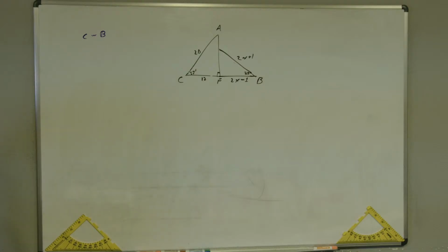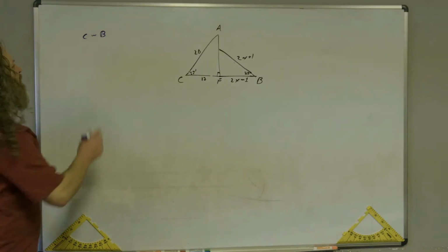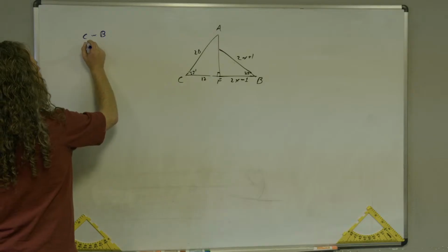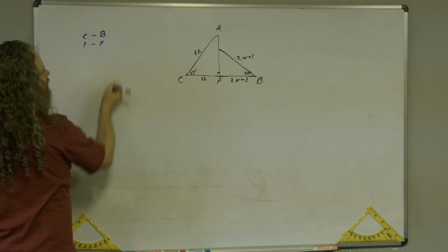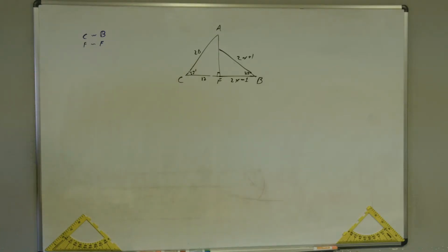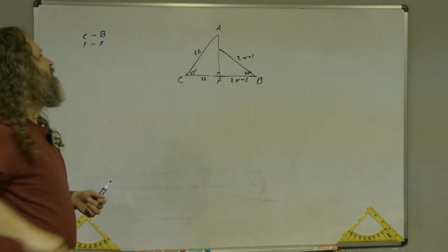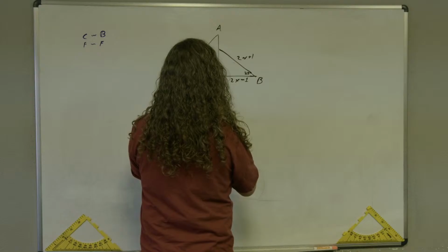What does F go with? It goes with F. True enough. You're about to say the wrong thing, like, that's not right. F goes with F, right? They don't. Oh, they do give us a letter for this vertex.